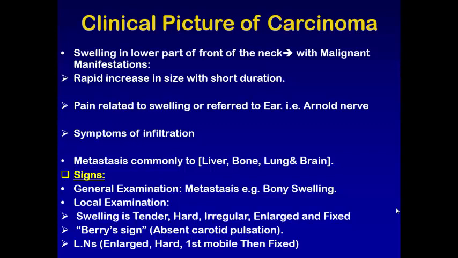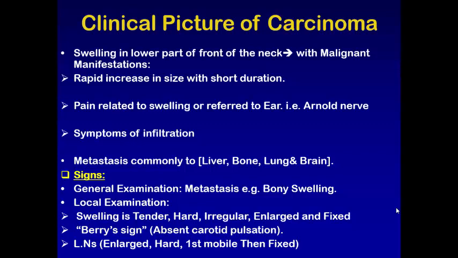On local examination, there will be swelling in the lower part of the front of the neck, which is tender, hard, irregular, fixed, and there may be Berry's sign, which is absence of carotid pulsation. There may be lymph node enlargement, and these lymph nodes are usually hard. At first they are mobile, then become fixed.